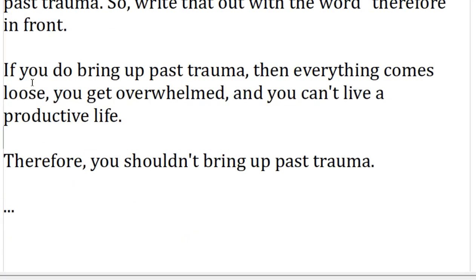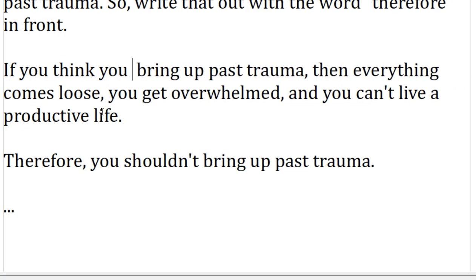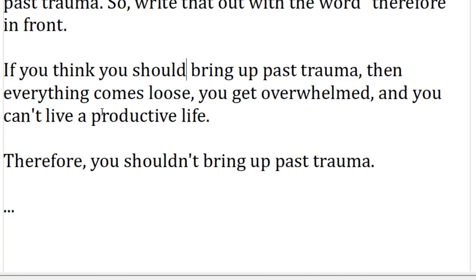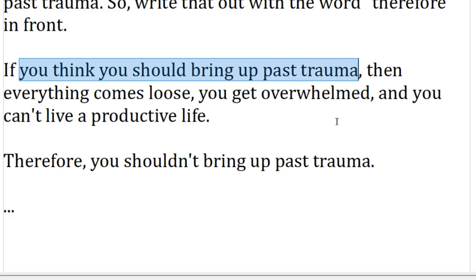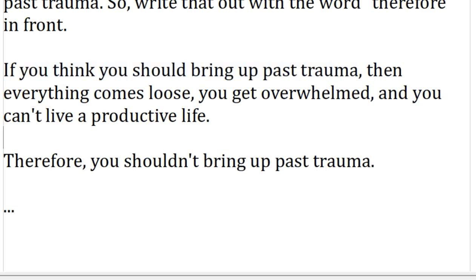Now notice, they want to deny the idea that you bring up past trauma. They want to say, no, bringing up past trauma is bad. They want to deny that. So what they're going to say is they're going to go for modus tollens.